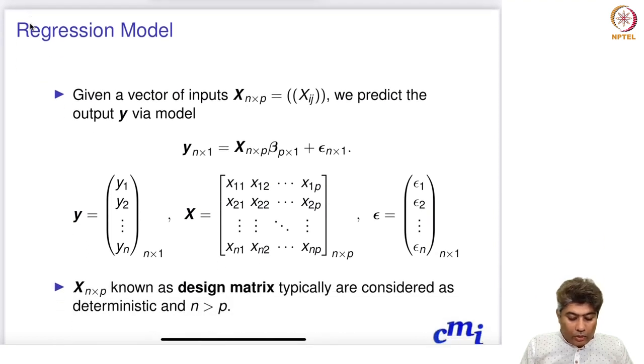Now, in the regression model, we will start with the standard regression model where the vector of inputs is a design matrix X of order n by p, where n is the number of samples, and p is the number of predictors.